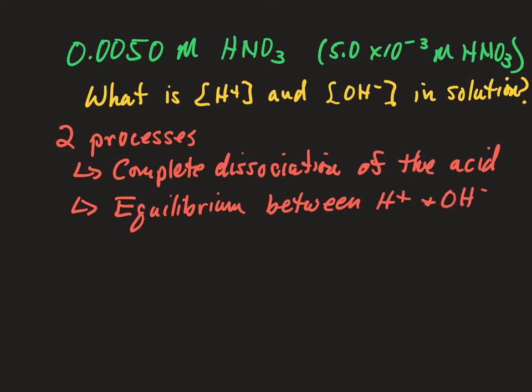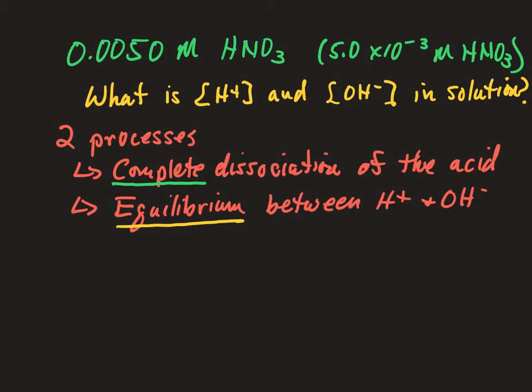And that's always the way we consider these. Whenever we've got more than one process going on, consider complete processes first. Deal with what is complete first, then go back and deal with the equilibrium second. So we always go complete processes first, equilibrium processes after that.